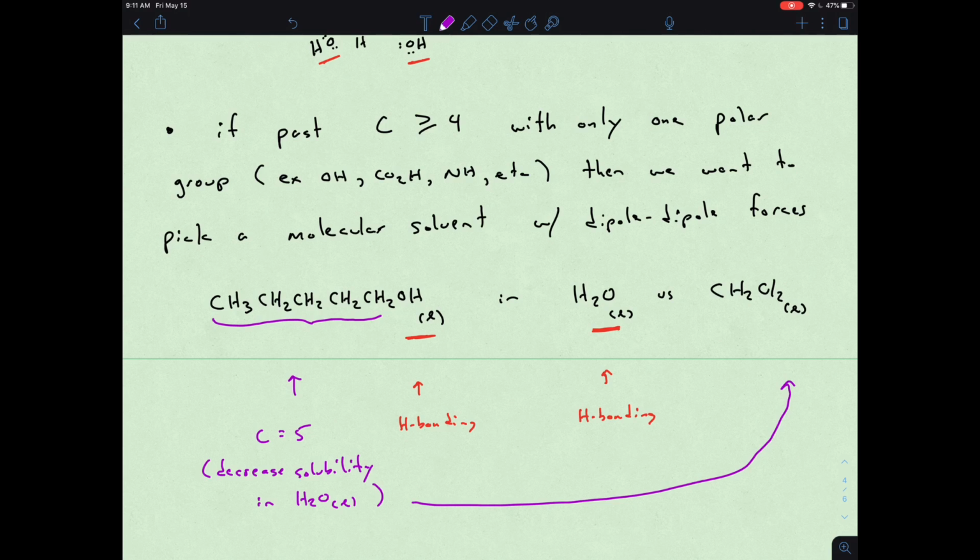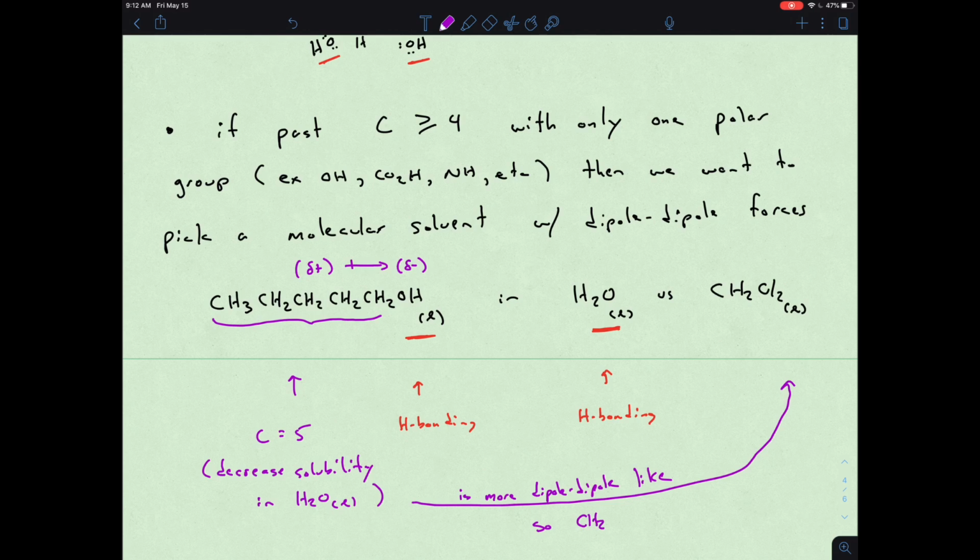So this molecule is more dipole-dipole, where you would have kind of this delta plus end and this delta minus end. In terms of that dipole, it's more dipole-dipole-like.